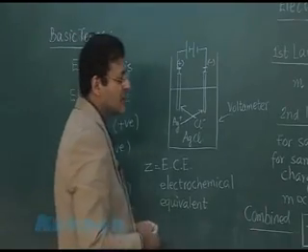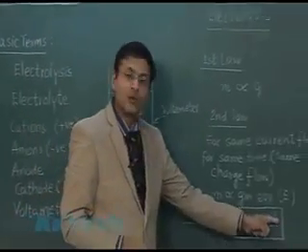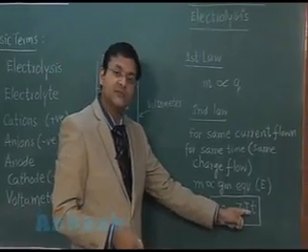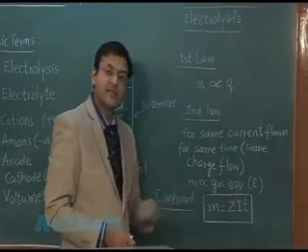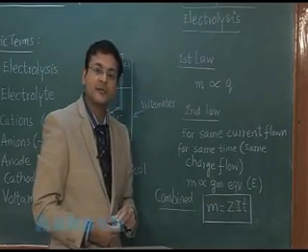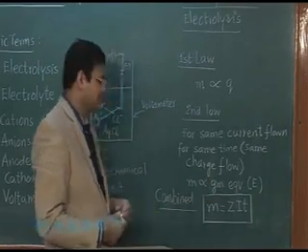Its meaning is that अगर चार्ज 1 कूलम हो, this I into T is what? कूलम. अगर 1 कूलम चार्ज फ्लो करेंगे तो कितना मास डिपॉजिट होगा? m by q. This is the meaning of electrochemical equivalent.